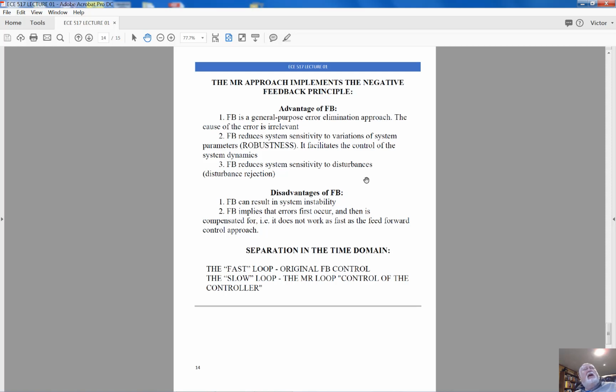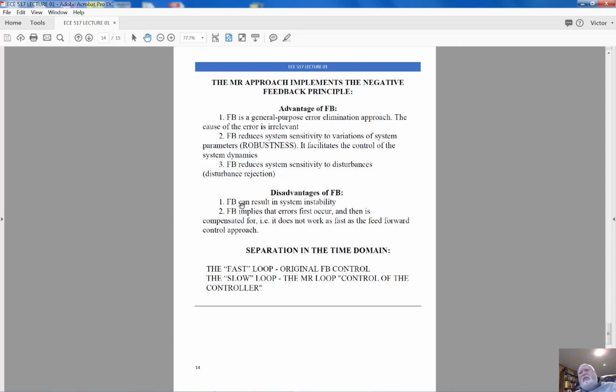Look, we may have a control plant where parameters vary with time. As parameters vary, the system performance may be degraded. However, if we introduce the model reference approach, we will have ongoing adaptation in the system, change of parameters of the controller, or injection of a special control effort that would not allow system performance to degrade.